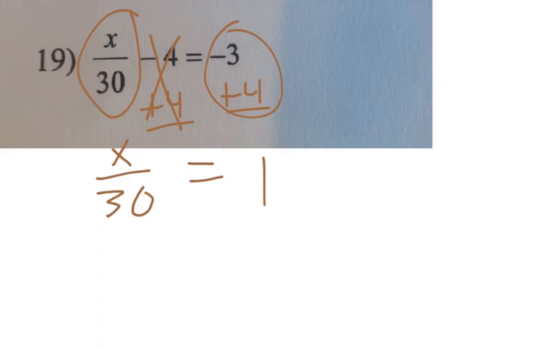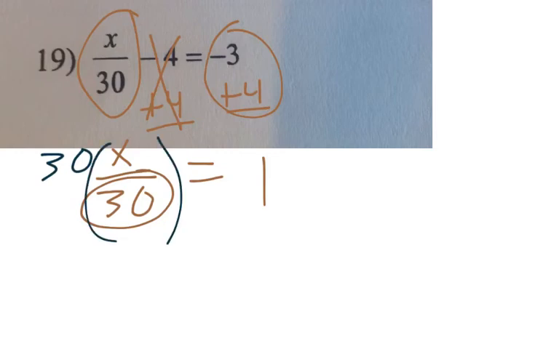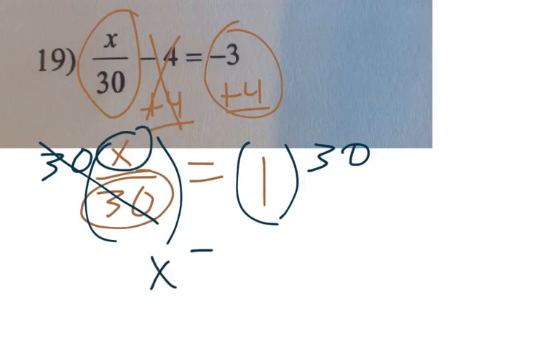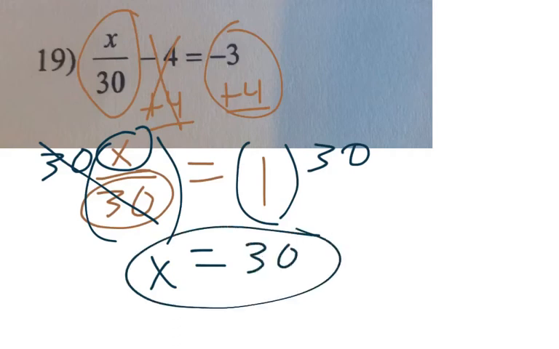Now this one, hopefully I won't need a calculator on, because how do I get rid of this 30 right here? I'm going to multiply both sides by 30. The 30 divided by 30 is 1. I'm left with x equal to 1 times 30 is 30.